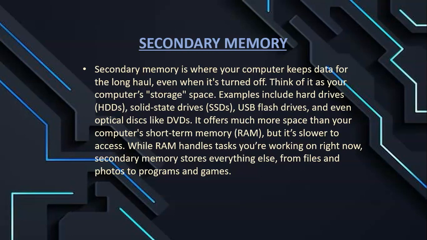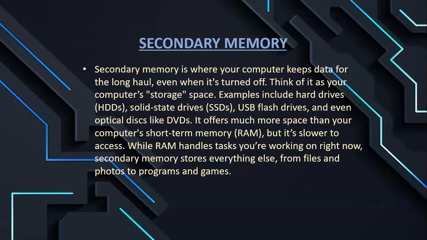Secondary memory. Secondary memory is where your computer keeps data for the long haul, even when it's turned off. Think of it as your computer's storage space. Examples include hard drives, HDDs, solid state drives, SSDs, USB flash drives, and even optical discs like DVDs.